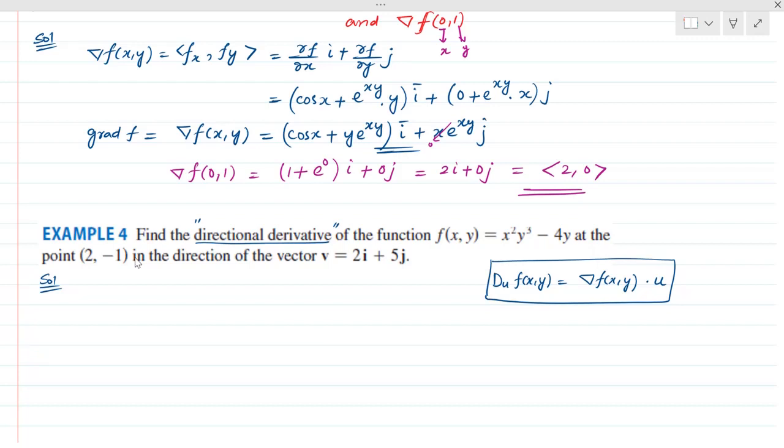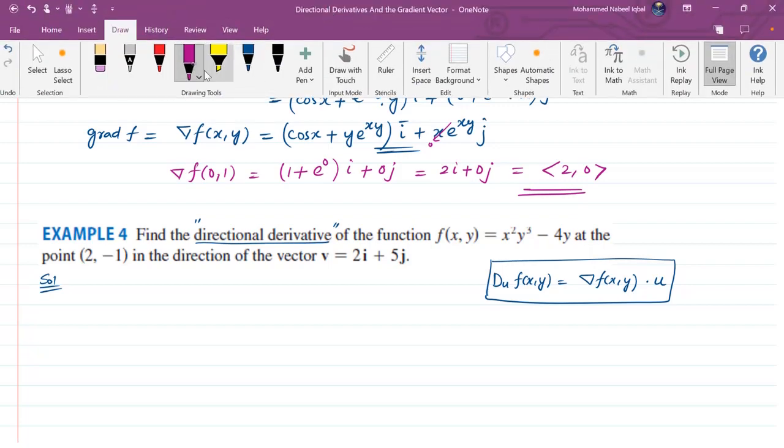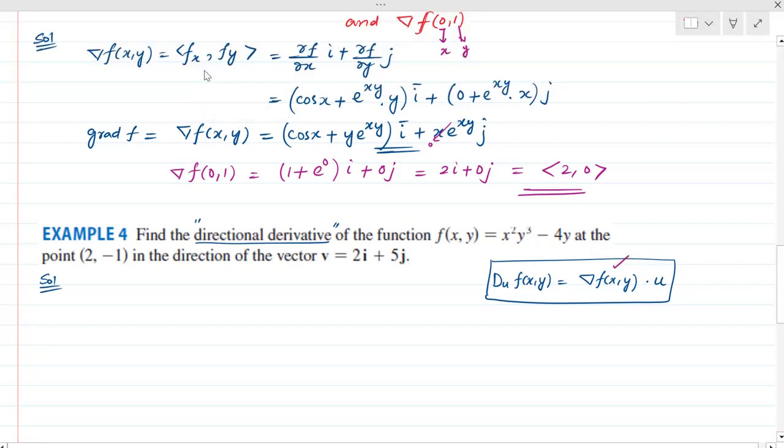So whenever the point and directional vector are given, first of all I will calculate the gradient vector. So what is the gradient vector here? Gradient f of x comma y is given by fx comma fy. So what is fx?